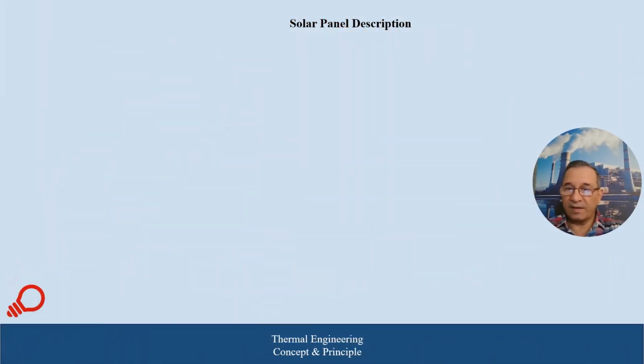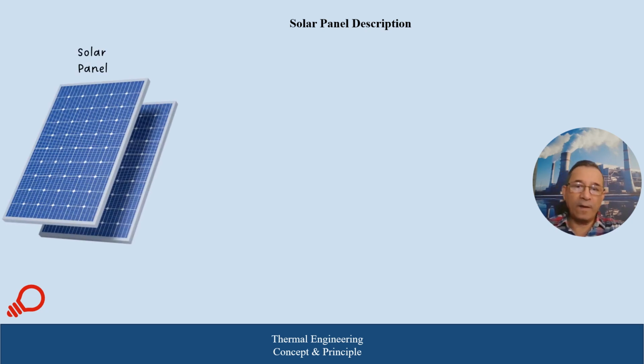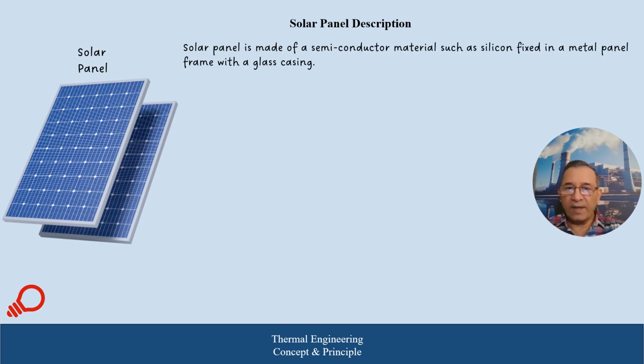As engineers, we usually hear the technical term solar panel. What is the solar panel? The solar panel uses a semiconductor material such as silicon to produce cells, and these are installed inside an external frame with glass.